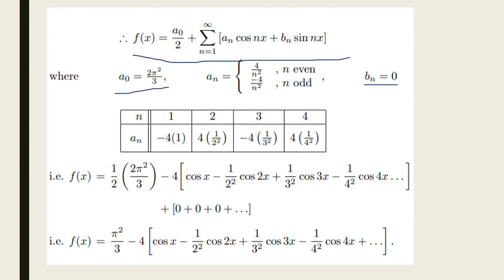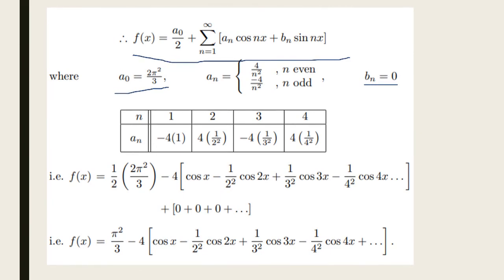So we have here the table of n and a sub n. If n is 1, we have negative 4 times 1. If n is 2, we have 4 times negative 1 over 2 squared, and so forth, switching between negative and positive, with the denominator just n squared.